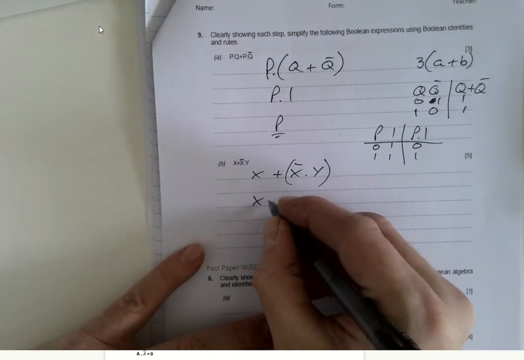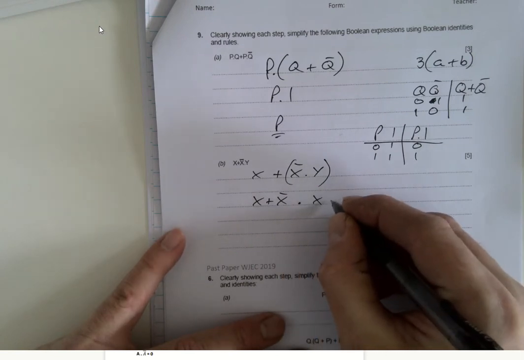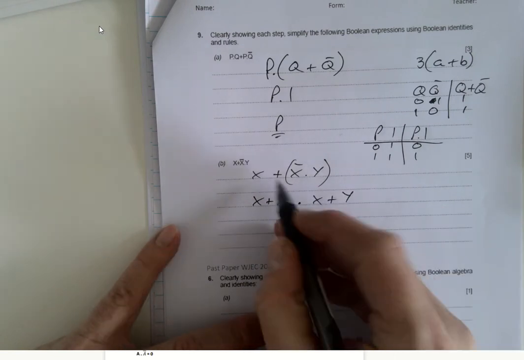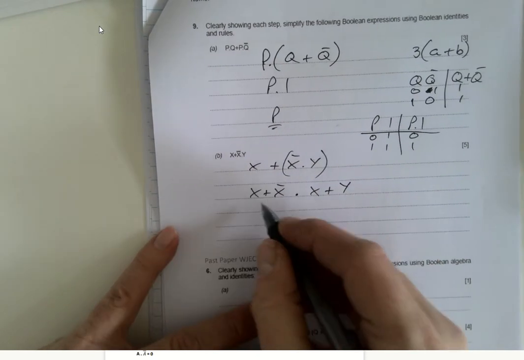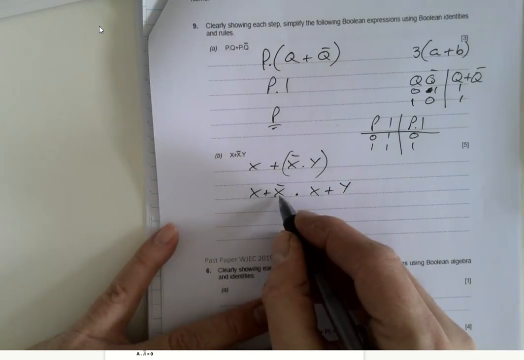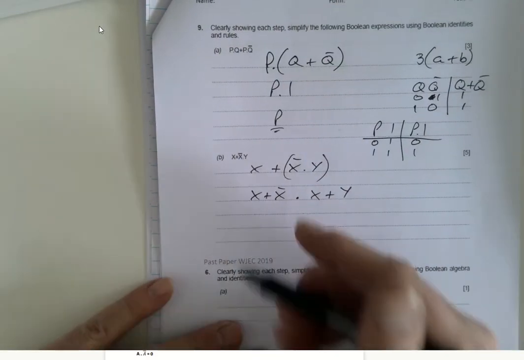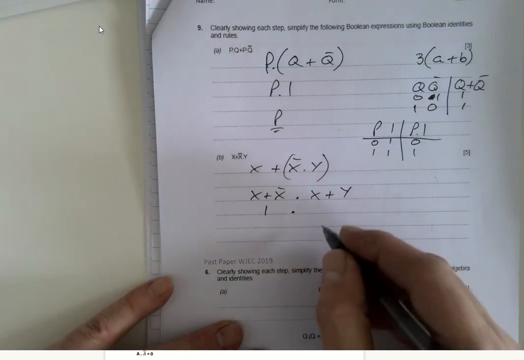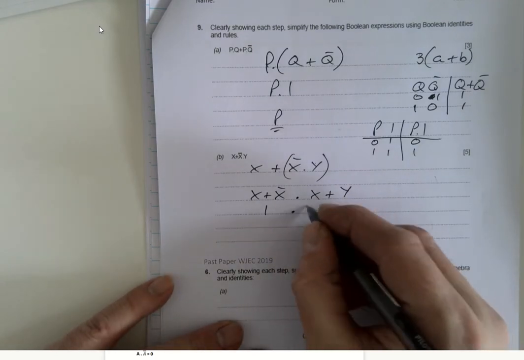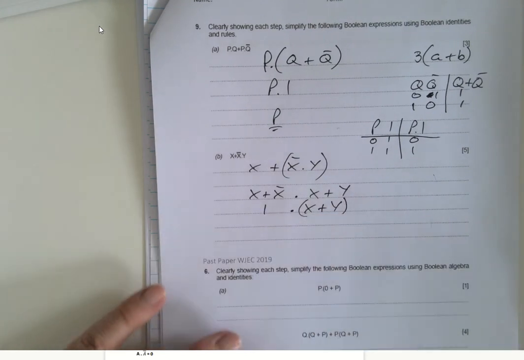So it's X or not X, and X or Y. When I have a look at my rules, X or not X gives me 1. Again, utilize the right hand side if you need to. 1 and X or Y you can't simplify, right? But it's 1 and X or Y.